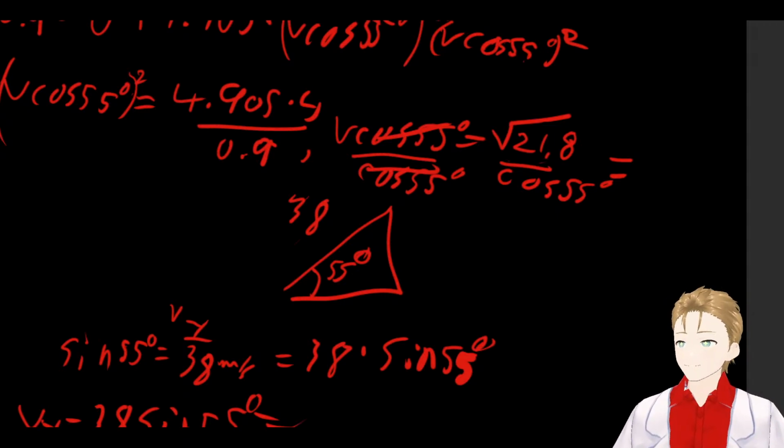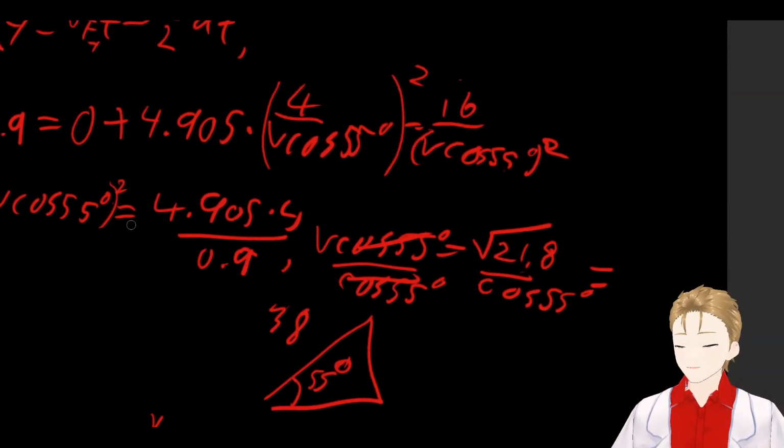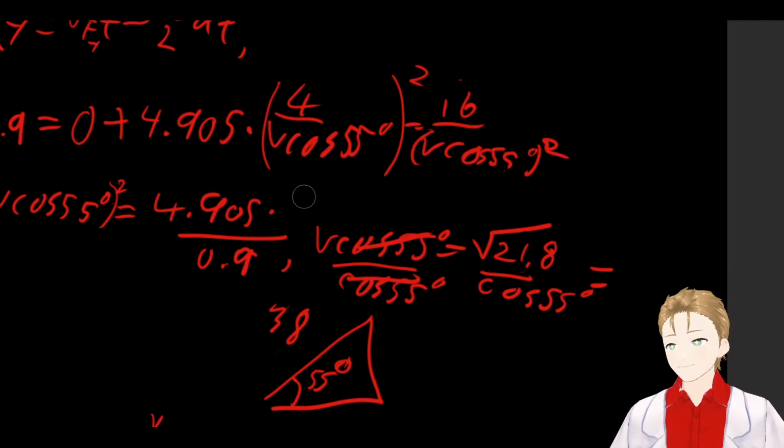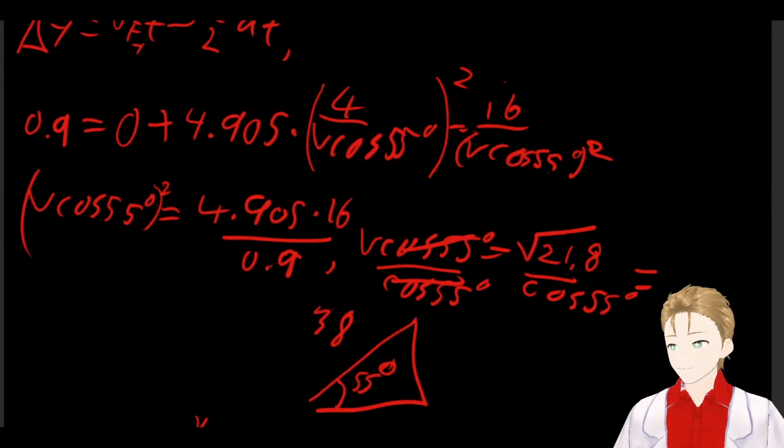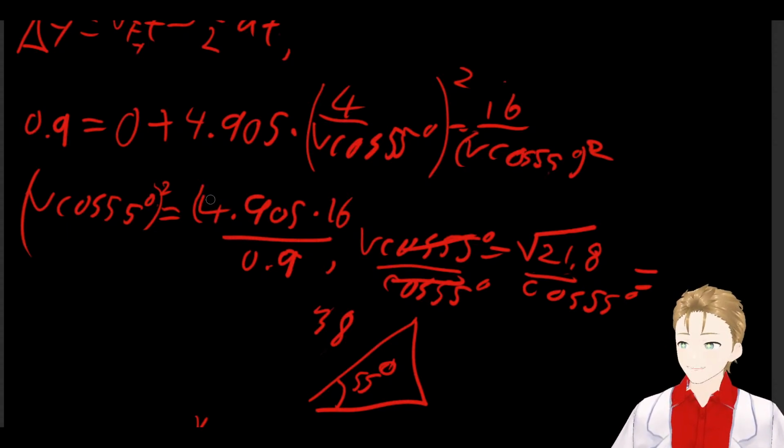I think I keep forgetting numbers. Okay, this is way too confusing. Screw this. That's 16 squared, so times 16, divided by 0.9.